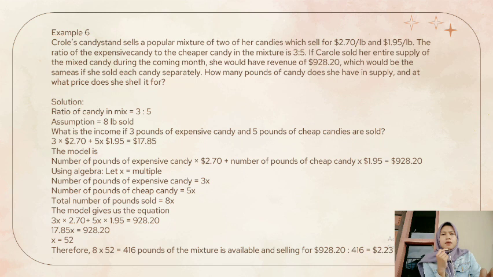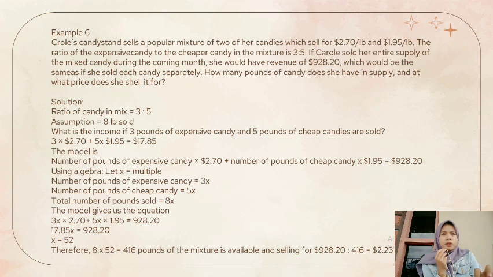Therefore 8 times 52 equals 416 pounds of the mixture is available, selling for $928.20 divided by 416 equals $2.23 per pound. Let's re-examine the answer.